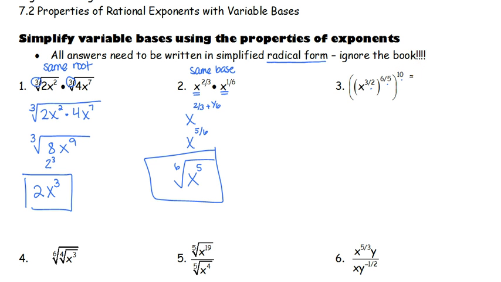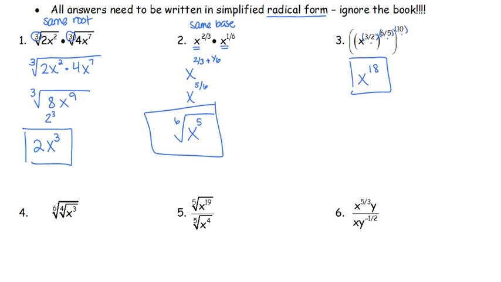And again, if you're not good with fractions, just make sure that you're entering it into your calculator correctly. You want parentheses around your fraction so those fractions stay together. 3/2 times 6/5 times 10 is going to give you x to the 18th. Sometimes it works out nicely like that, sometimes it doesn't. But in this case, we don't have any fractional exponents left, so we're done. We're good.